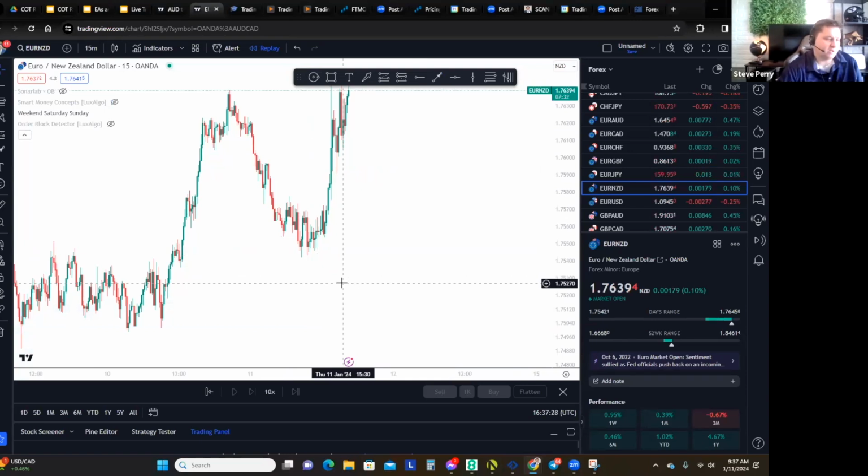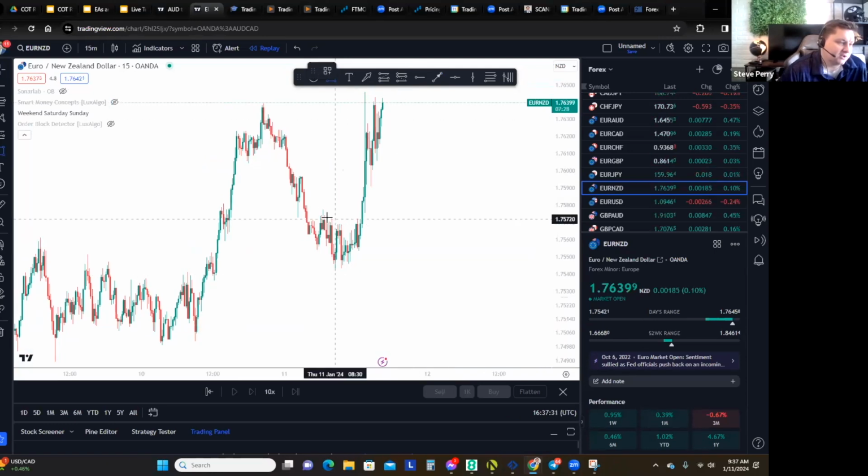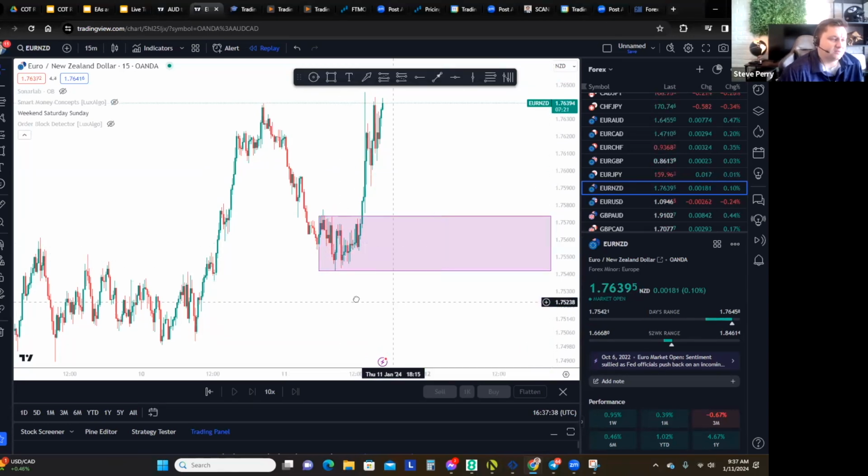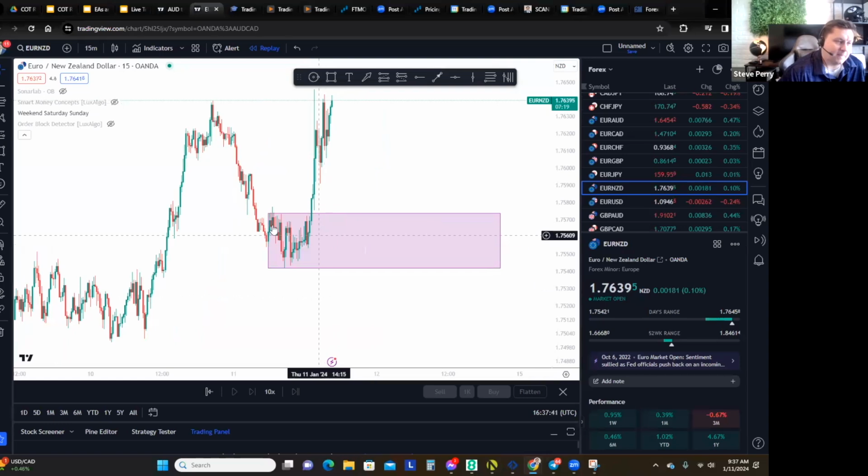I don't like it as much, but here's what's cool about this one. This one definitely has not been tapped into. This is freestanding liquidity, 100% hasn't been tapped into. There's a really good chance that if the market came back into here, you would get a pretty good bounce. So that is the redeeming quality to this one.